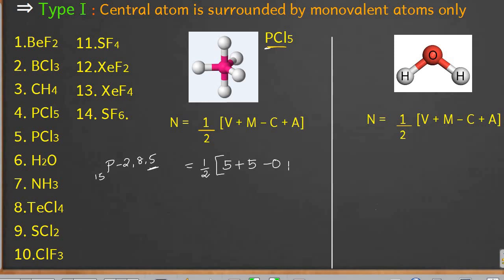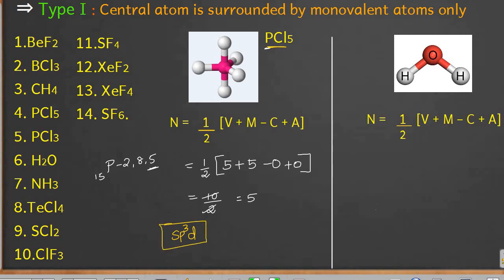And A stands for anion, which is also 0. So the total is 10 divided by 2, which gives 5. So 5 means sp3d hybridization.